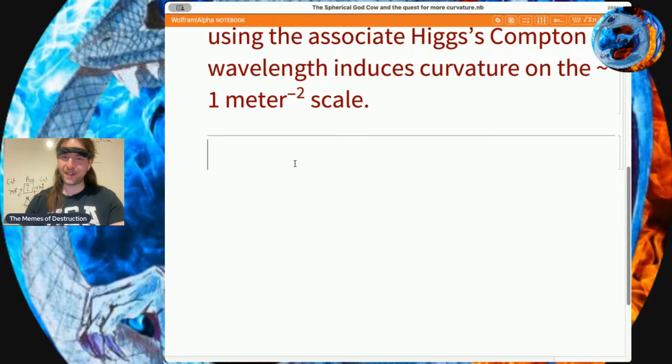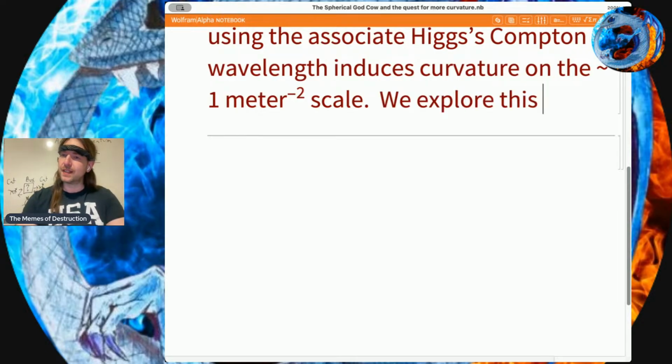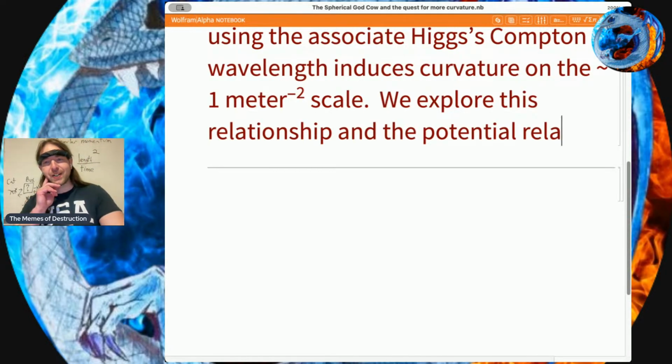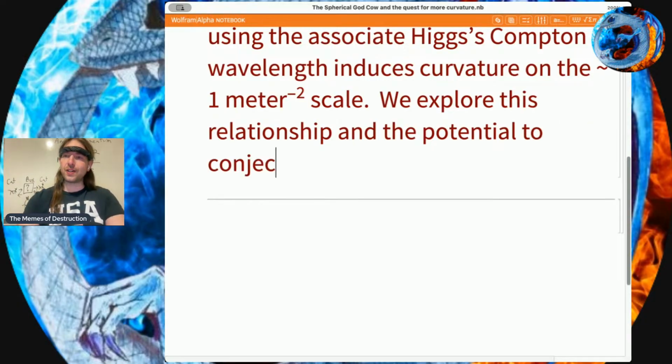Let's explore this relationship and the potential, because we can do this for basically just about anything, and the potential to conjecture a maximum.